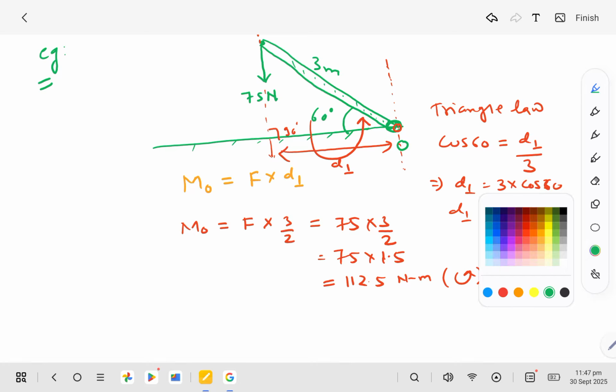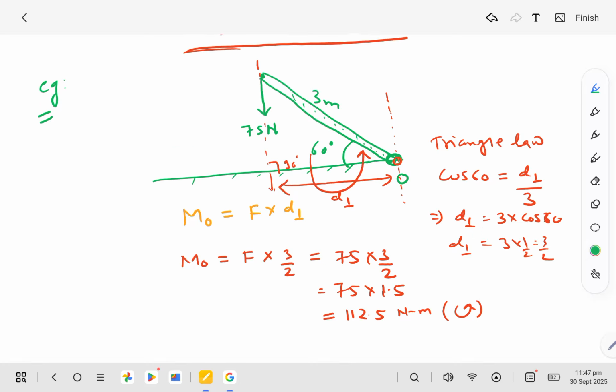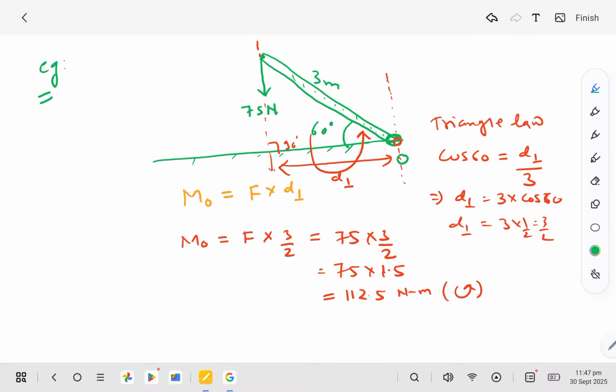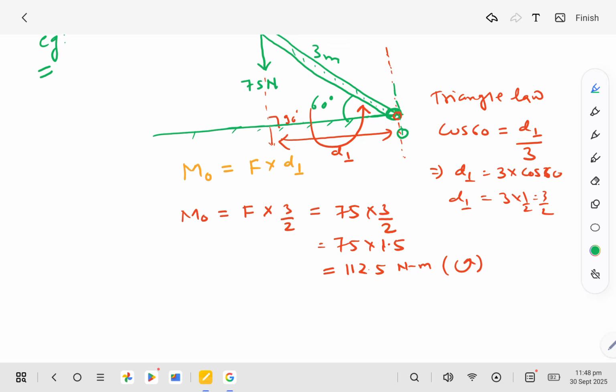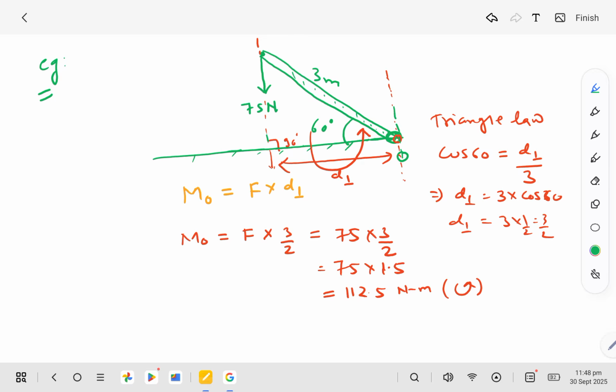Now if we consider there are two lines passing through point O, this one and this one. If I consider this line, and this force is here, there is an intersection of this force's line of action with this axis. The line of action meets the same line here, meaning it intersects.